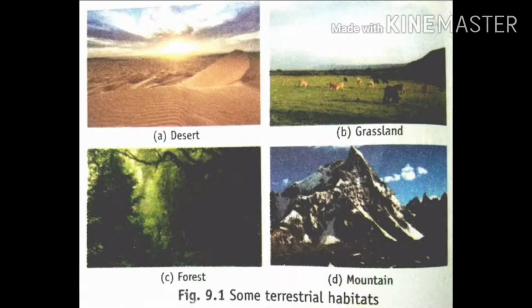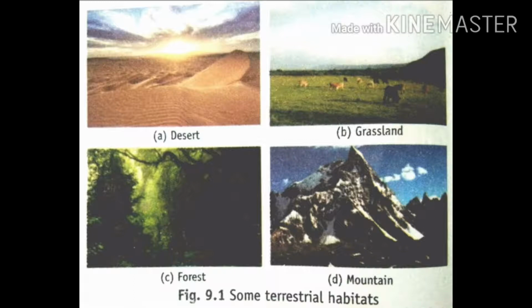Next one, grassland habitat. This one gets moderate rain. The organisms living here are deer, lion, zebra, giraffe and grasses. And next one, forest habitats. They are generally hot and wet and get plenty of rain.